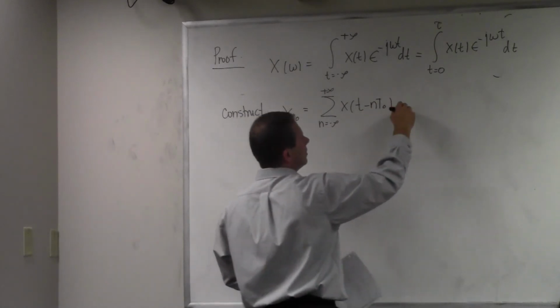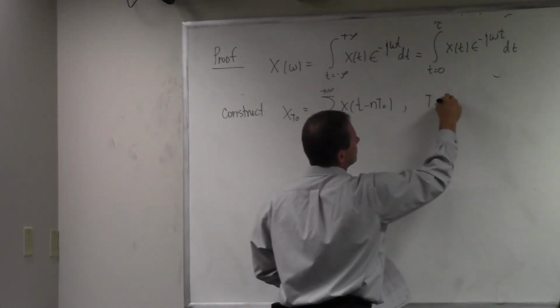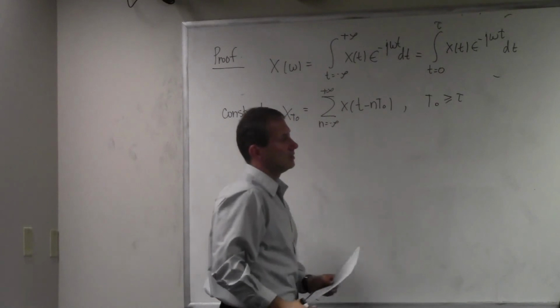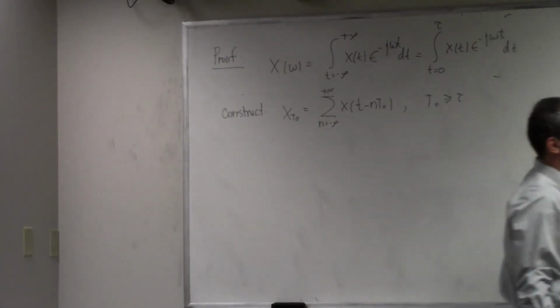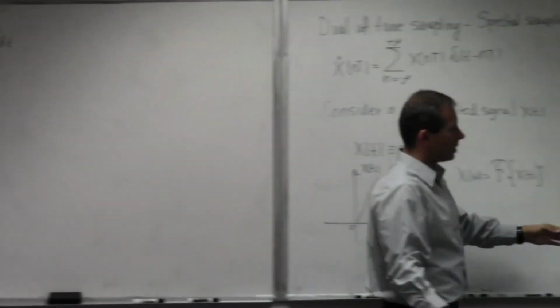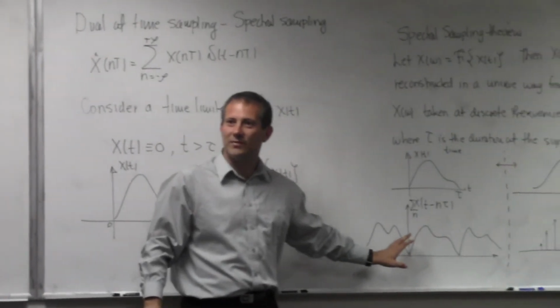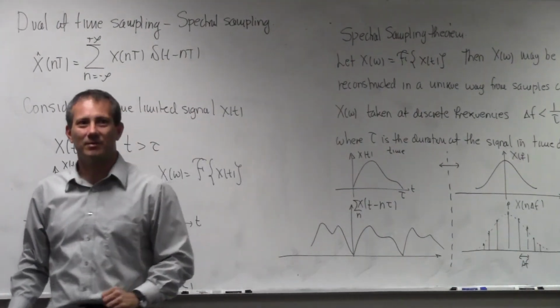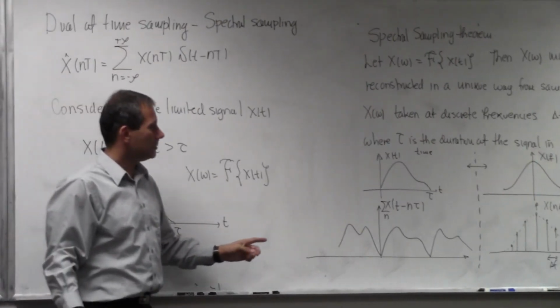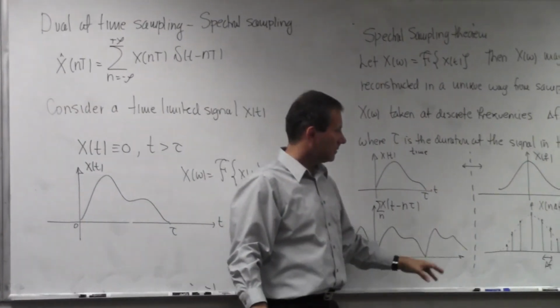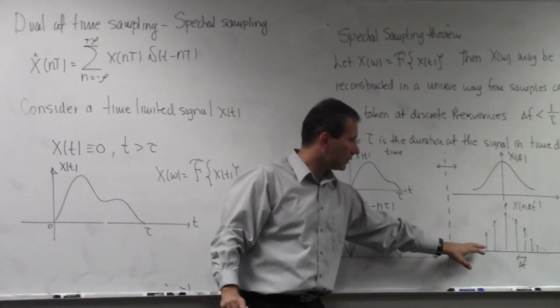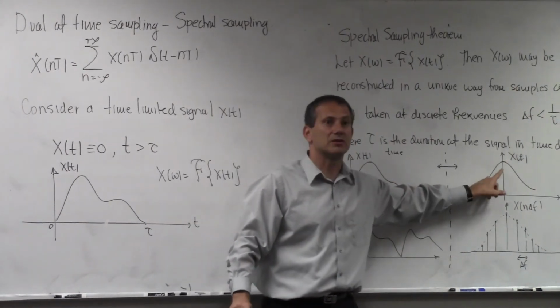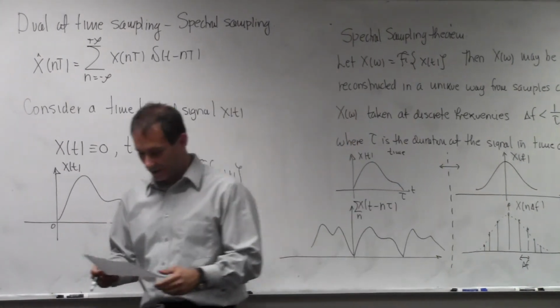All I need to know is that this T0 is greater than tau, right? I'm preventing overlap in the time domain. Sounds familiar? I'm trying to separate them in the time domain. Why am I trying to separate them in the time domain? So that I have a unique reconstruction of the signal in the frequency domain.